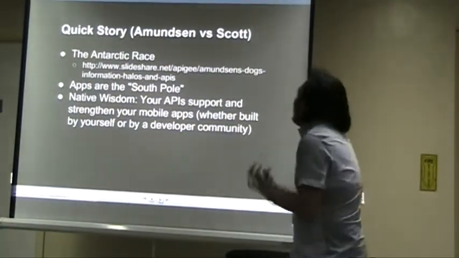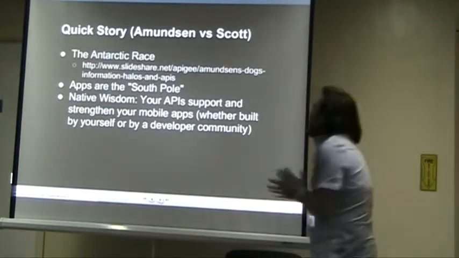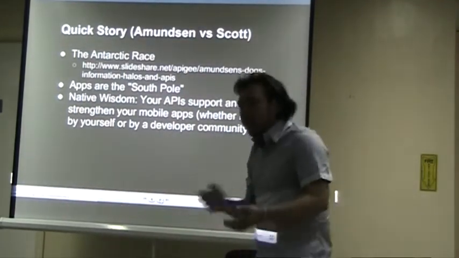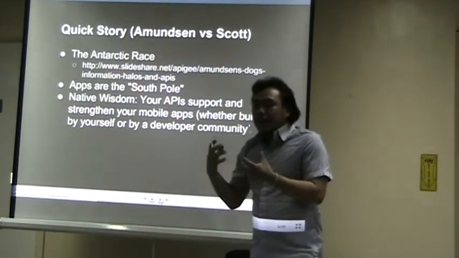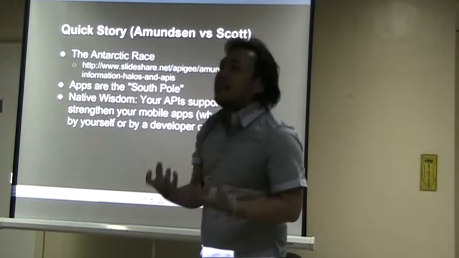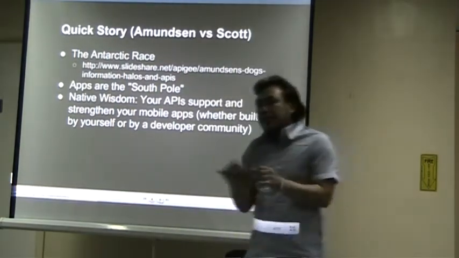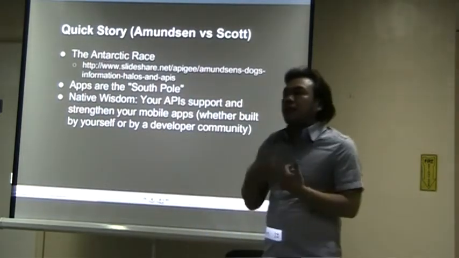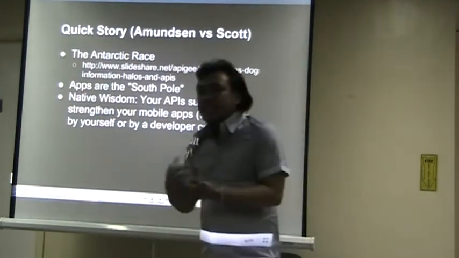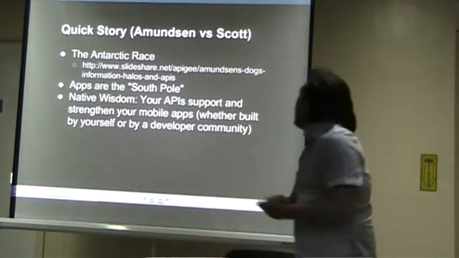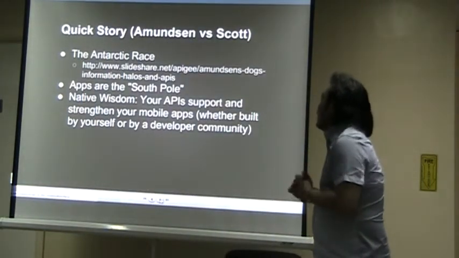And the native wisdom is that your APIs will support and strengthen your mobile apps. Again, just like in the example of our singing app, it couldn't work without that essential server component that does all of that stitching of the songs, or of the turns that were being sung or sent from our clients.